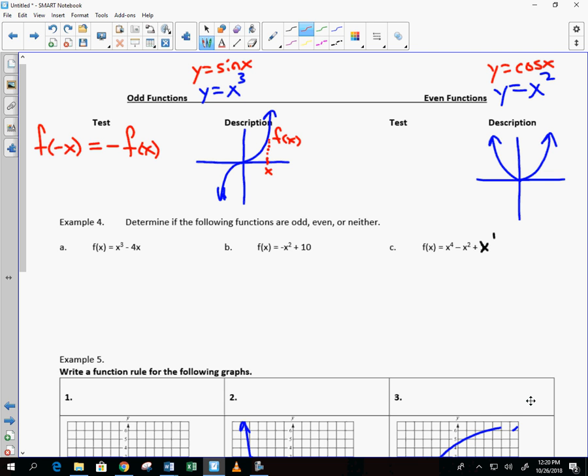But if I grab a negative x value, it produces the same f of x value, it just happens to be negative. See how those would correspond with one another in symmetry? That's what this statement is saying. For an even function, f of negative x produces just f of x.